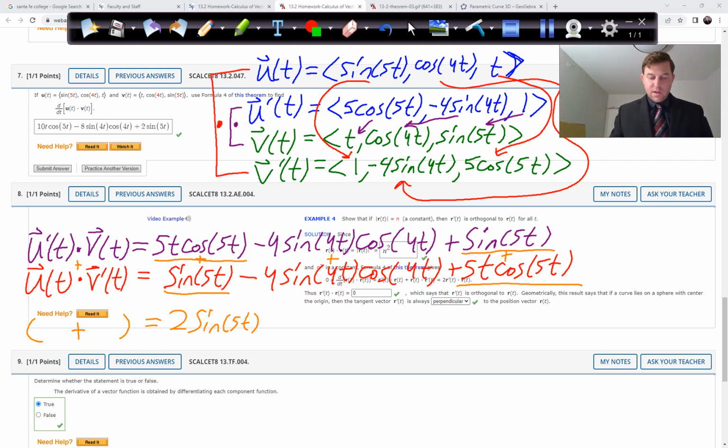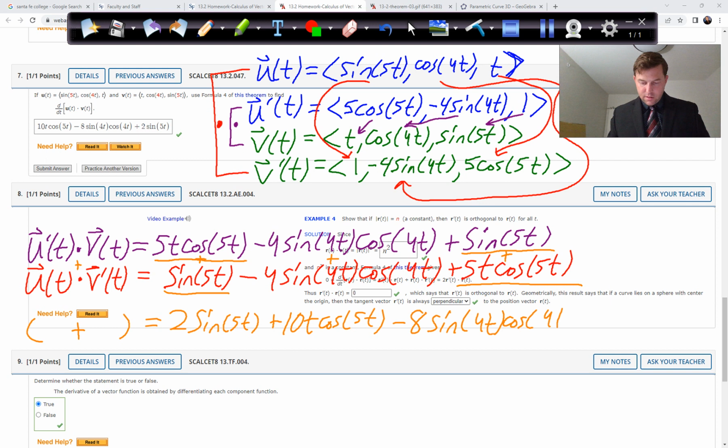They're both plus, so we actually have 10t times cosine 5t. And then the middle two terms are exactly the same. They're both minus 4, so those minus 4s will combine to minus 8, and you have sine 4t cosine 4t. And that is the answer.